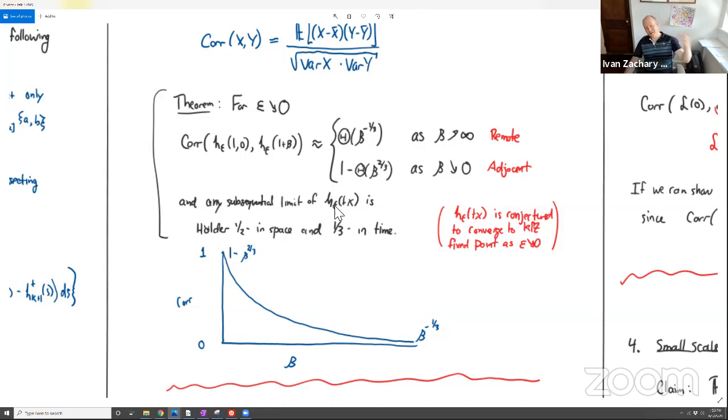Moreover, if I take any subsequential limits, and you can show tightness of this H epsilon object as a space-time process, we can show that you essentially have Hölder 1/2 trajectories in space and Hölder 1/3 trajectories in time. There's just one point to be made about this.